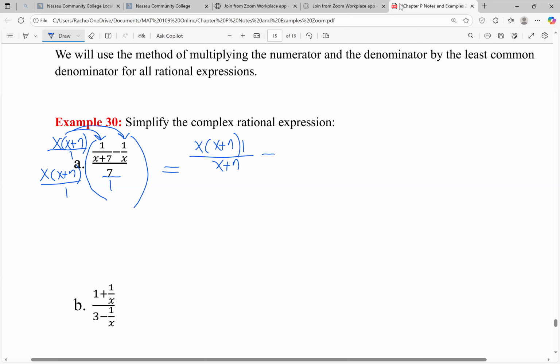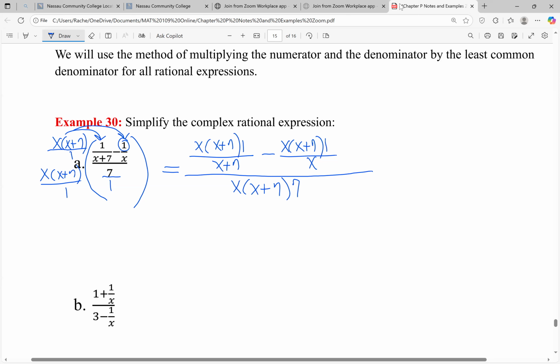And then minus, now distribute the x times x plus 7 to this numerator, which is just 1. And when I multiply the denominators, 1 times x, it's just x. Now let's multiply the least common denominator by this fraction in the denominator. So I'm going to have x times x plus 7 times 7, and that's going to be over 1 times 1, which is just 1.